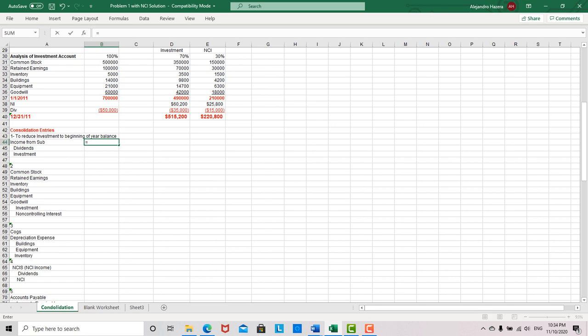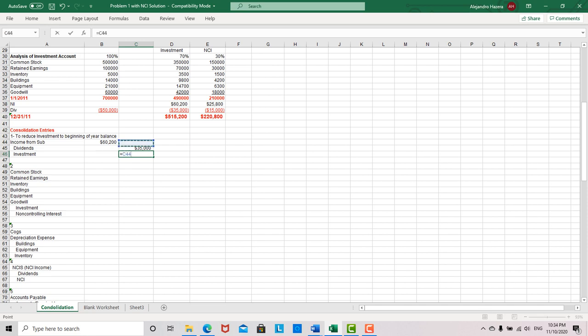So let's do that. We're going to have a debit to income from sub, 60,200. And it's going to be a credit to dividends for 35,000. Whatever you put in the investment is the plug to get a balance.